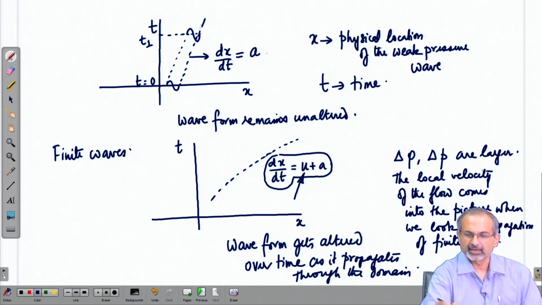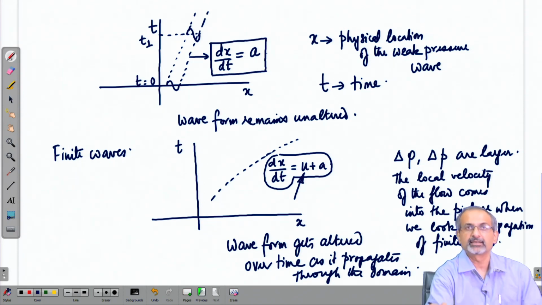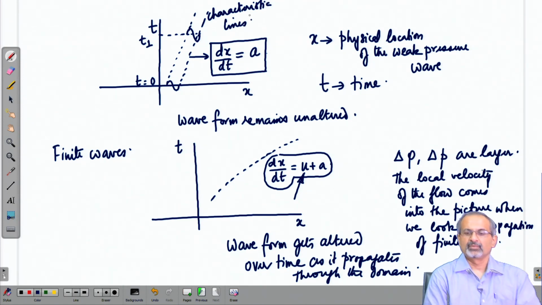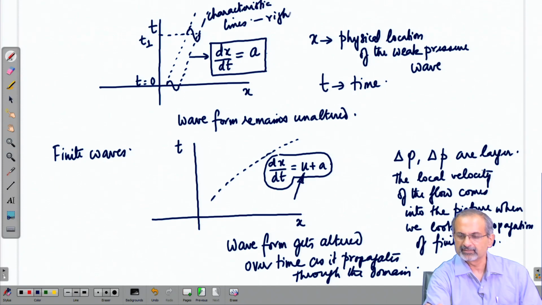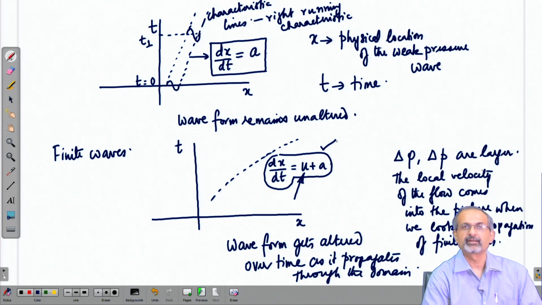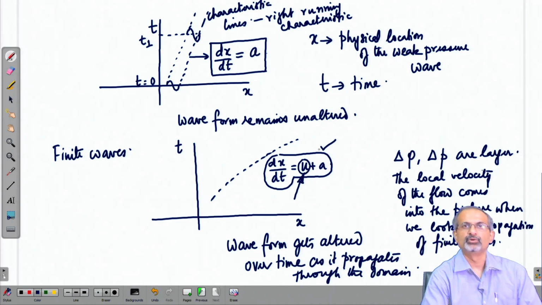These lines along which dx dt is a defined quantity, like it is dx dt equal to a in the case of sound waves, are called characteristic lines. This is a right running characteristic for a sound wave. This is again a right running characteristic for a finite wave. The only difference is that in this case the u is coming into the picture.